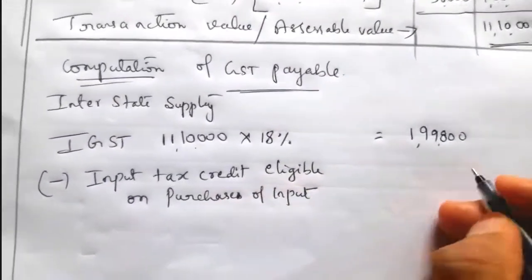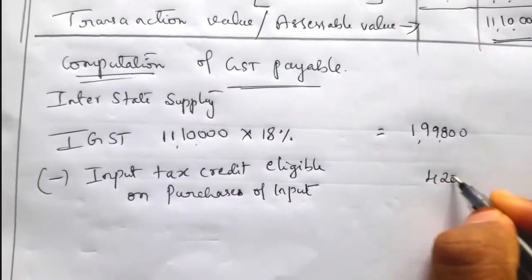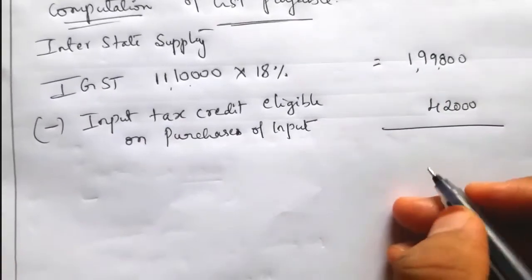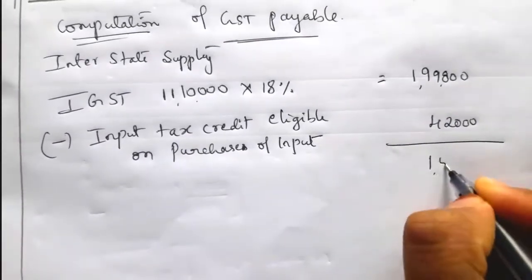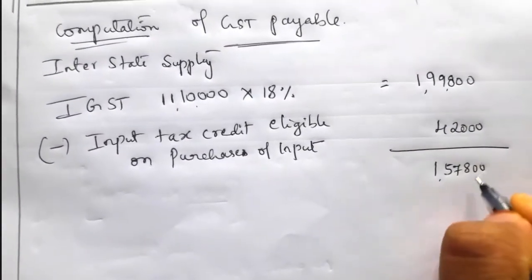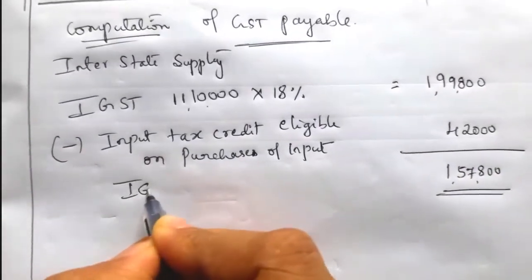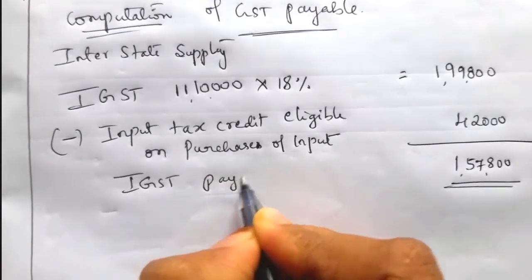The tax paid on input is 42,000, so that amount we can deduct from the total tax payable. That is 1,57,800, the total IGST payable.